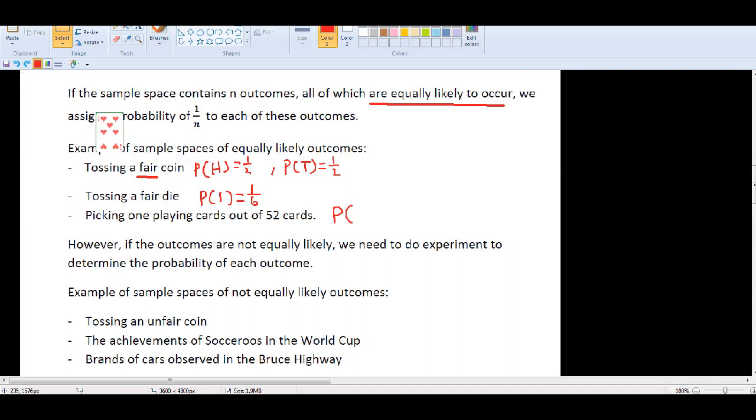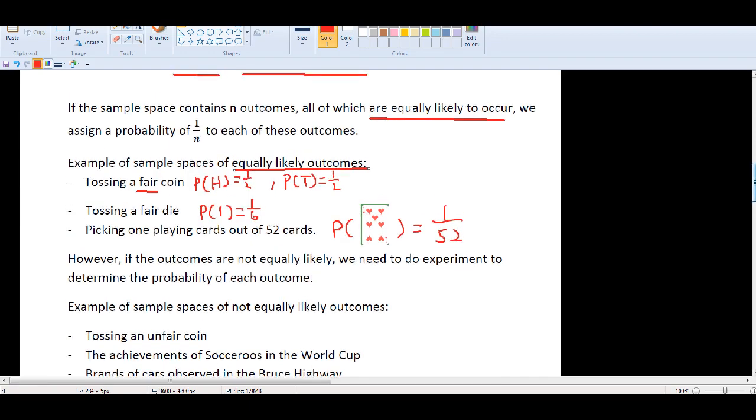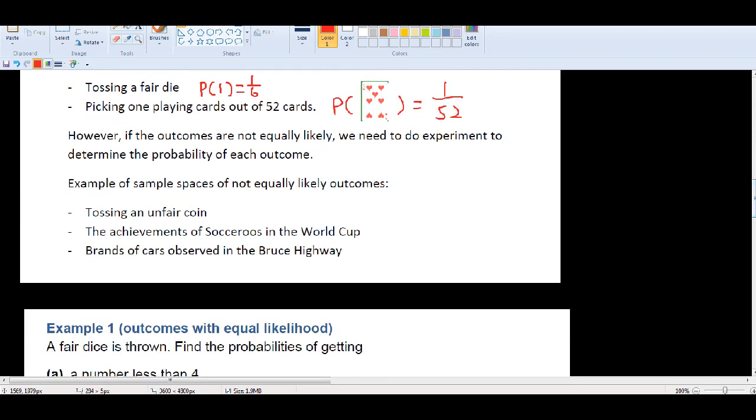If you pick this card, the probability will be 1 out of 52. That's what we call equally likely outcomes. But not all sample spaces have equally likely outcomes. Sometimes they are not equally likely. Then how could we know the probability? You need to do experiments and collect statistics.